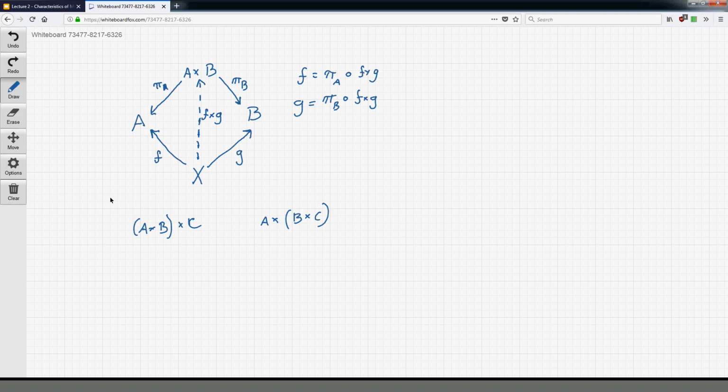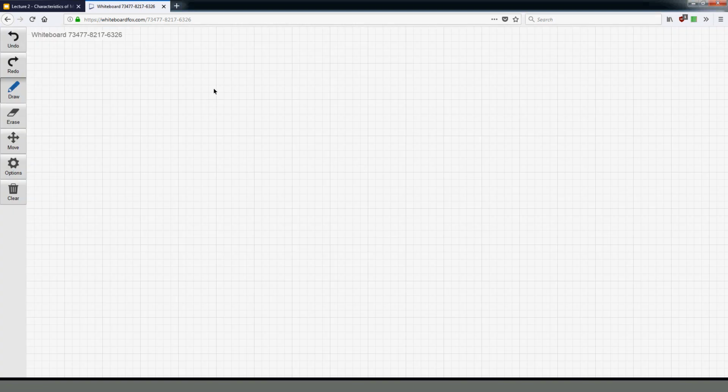I'm going to clear this, make some room. So the way we're going to do this is, let's draw out our little diagram here. So we essentially want to find an isomorphism between these. So let's start by drawing our projections.